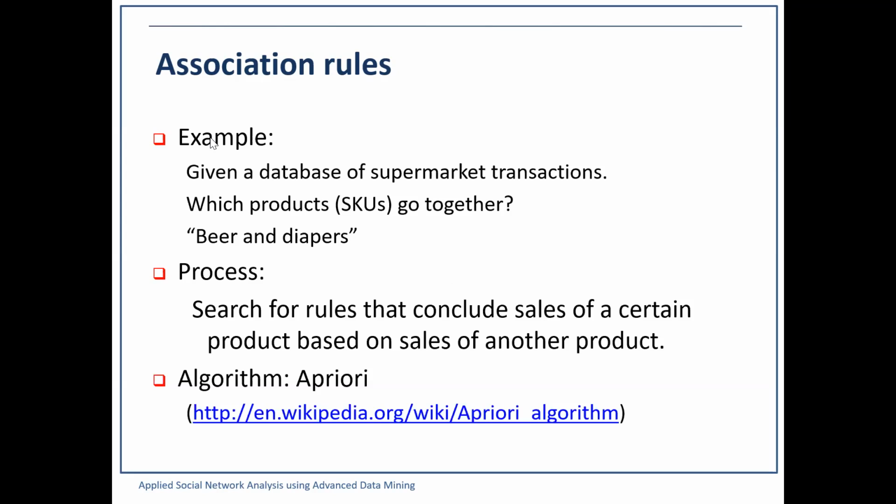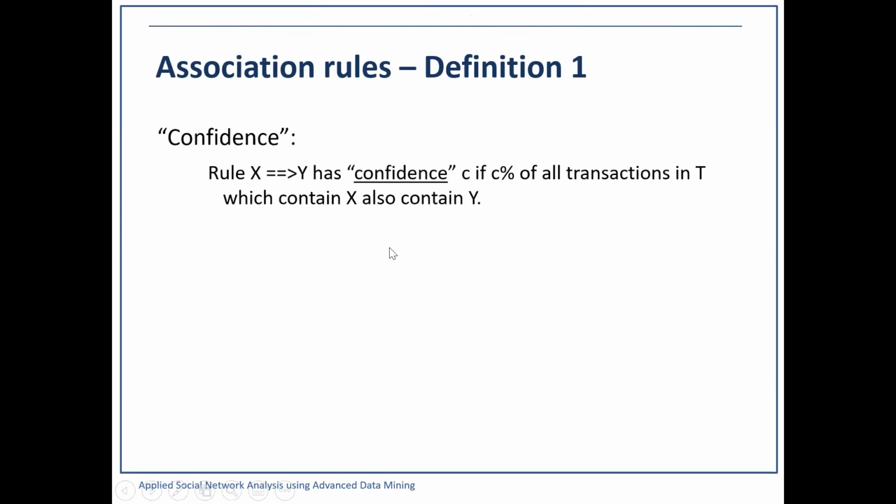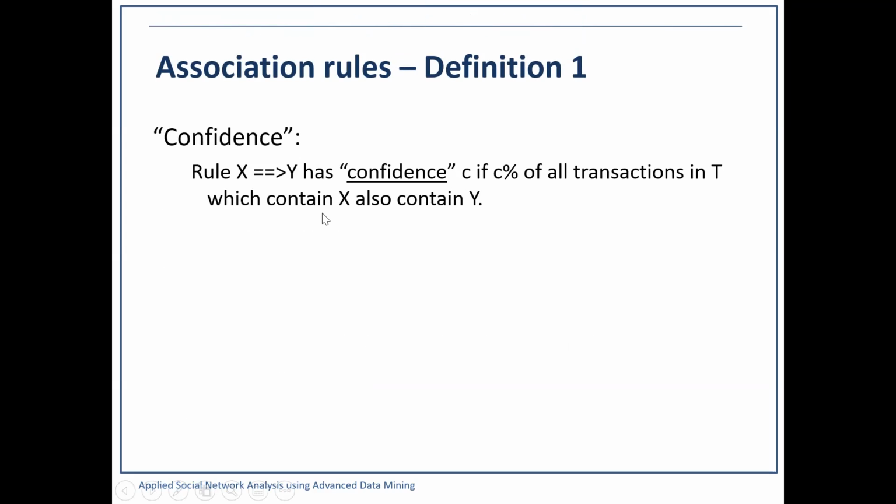Yeah, so I'm going to introduce the basic notions we are using here. One is confidence. So if we had one rule that says X implies Y, for example, beer implies diapers, that rule could be a result of our algorithm, but then the next question is, is it a good rule or not?